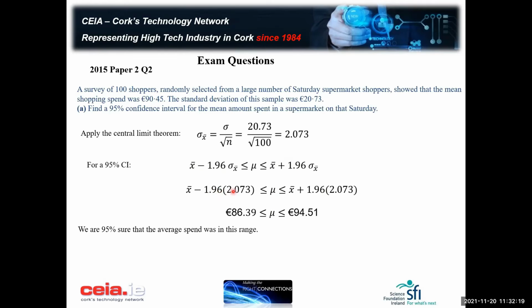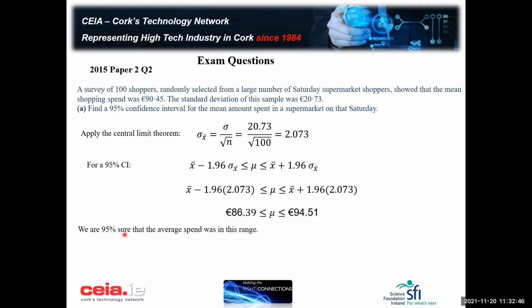So you just multiply 1.96 by sigma and subtract that from your measured mean of 90.45 to get your lower limit, and add it to your measured mean of 90.45 to get your upper limit. And this is your 95% confidence interval.